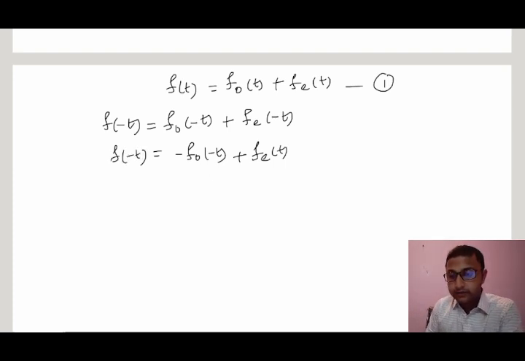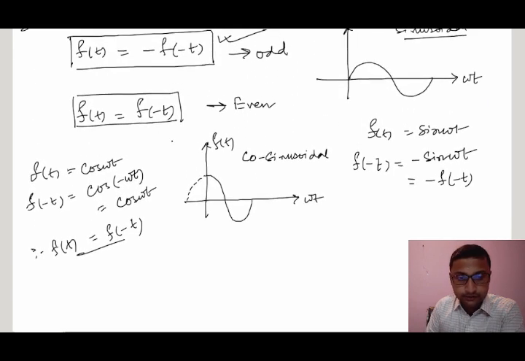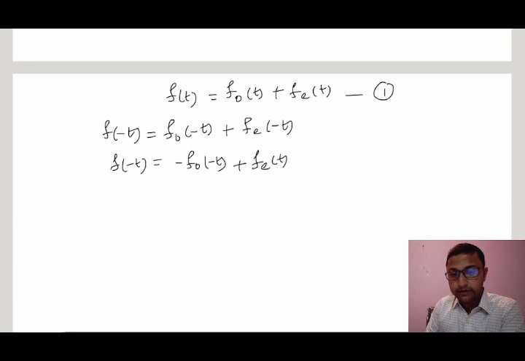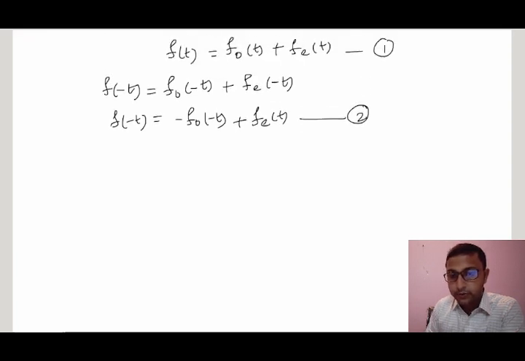That has already been covered: for an even signal, f(t) is equal to f(-t), right? Simply we just put the value. So this is your number 2 equation.